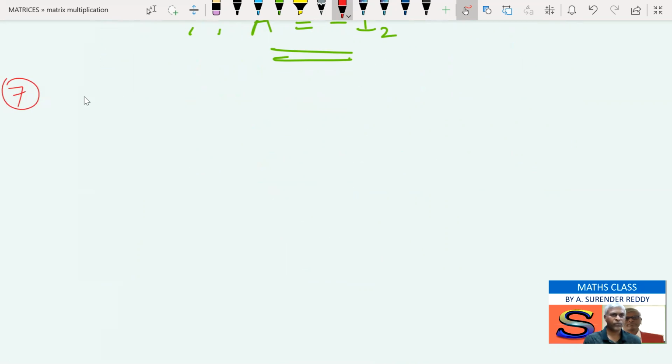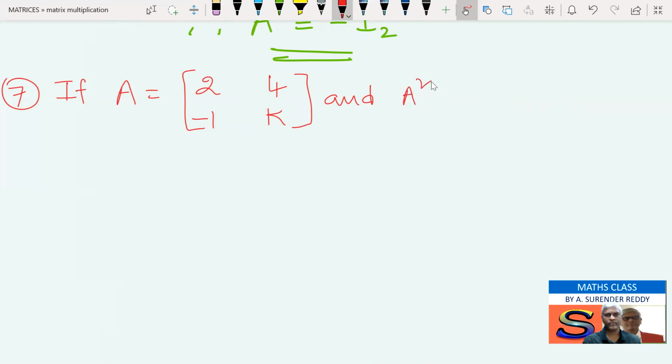If A is equal to [2, 4; minus 1, k], so this is a given matrix, and A square is equal to 0 matrix, A square is equal to 0, then find the value of k.